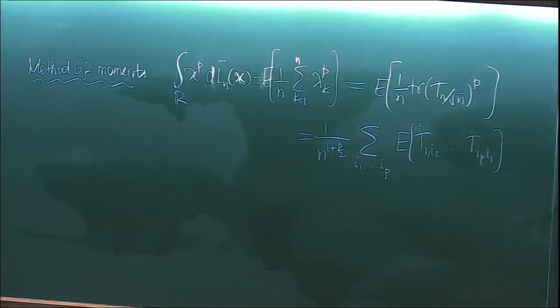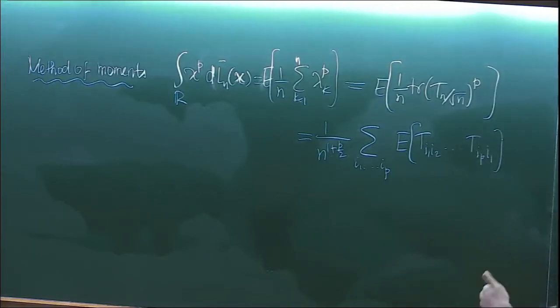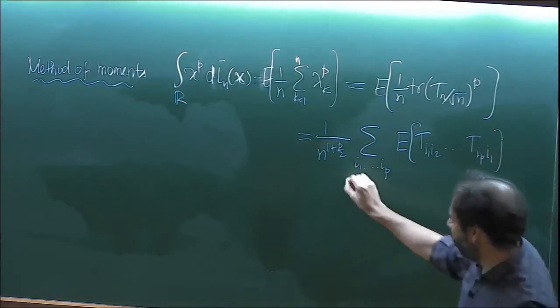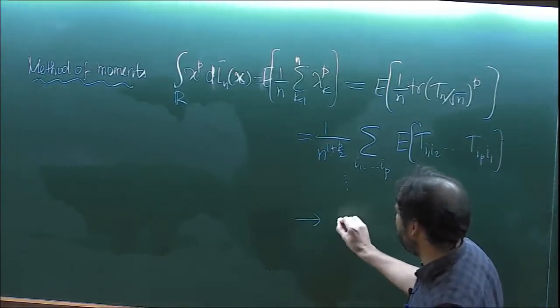In principle it is doable because you have a handle on these entries. They are normals, but of course many of them can be the same. That's the point. You have to figure out which ones contribute and which don't. Some combinatorics is involved. In the end, after much work, they show that this converges to some number.